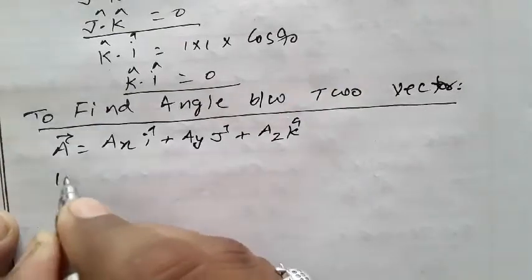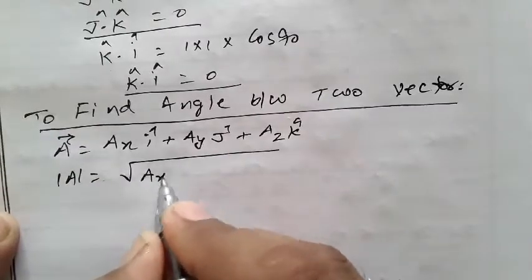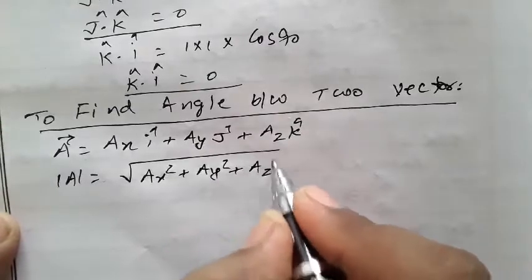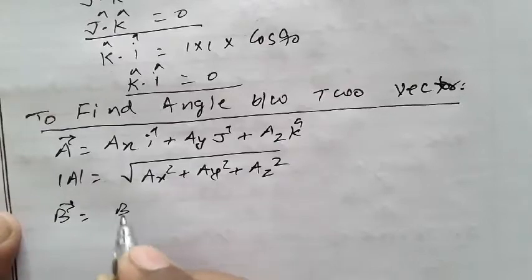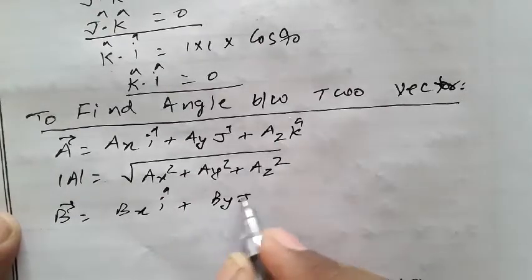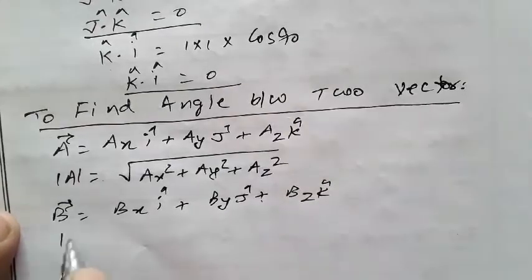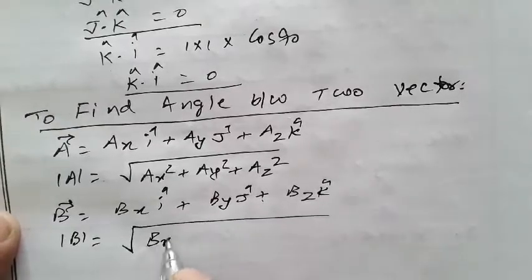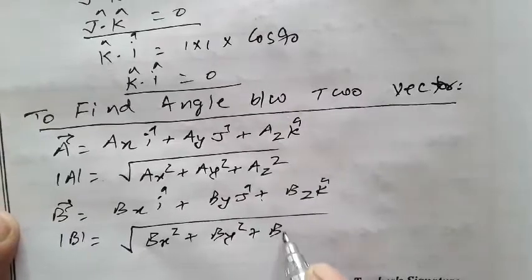Now the magnitude of vector a is under root ax square plus ay square plus az square. Let the second vector b be bx into i cap plus by into j cap plus bz into k cap. Mod of b is under root bx square plus by square plus bz square.